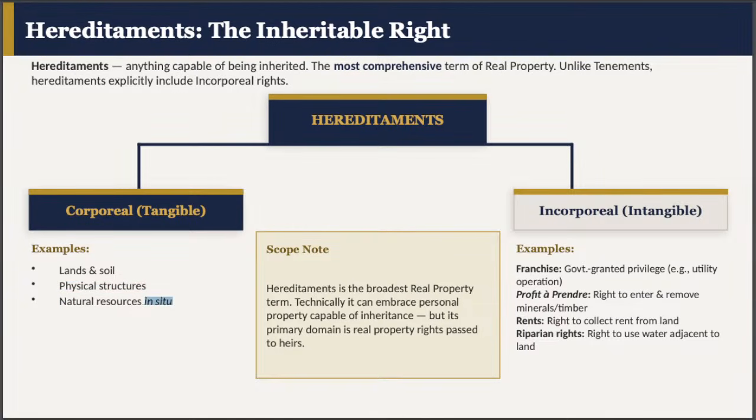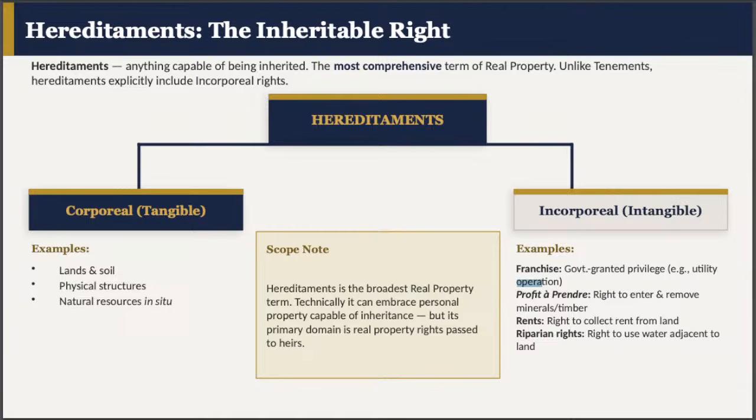So in situ is in the place, like you see a lot of times the situs or the place of the crime, but this is the place, the natural resources that are there. And then we have incorporeal or the intangible rights that come along with the hereditaments. Examples are the franchise, like a government granted privilege.